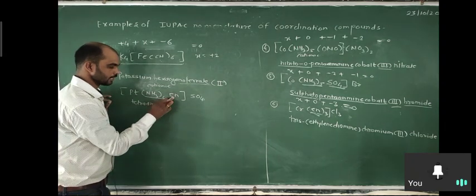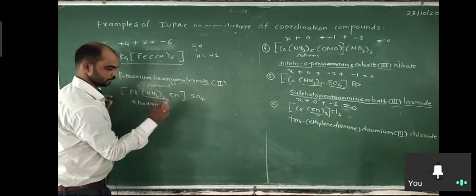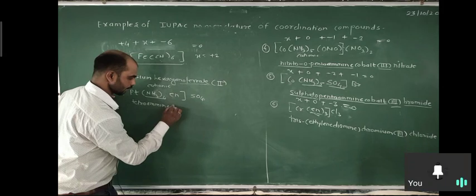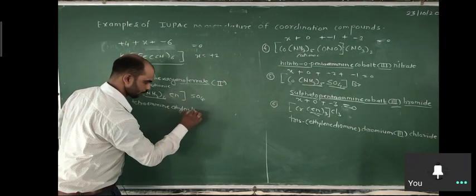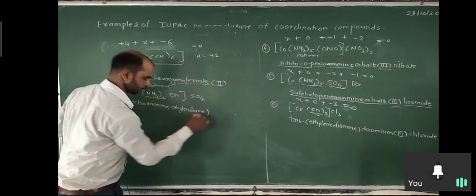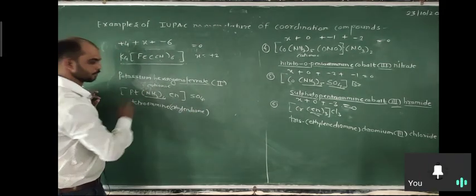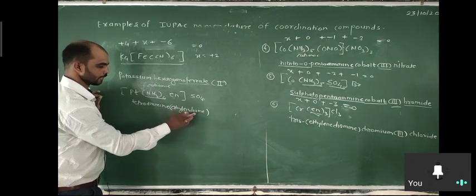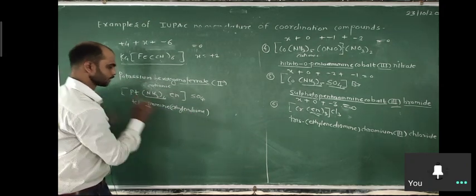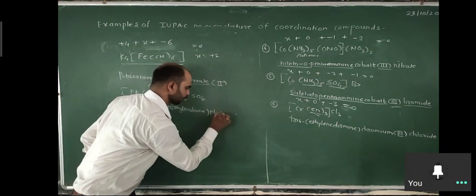So for ethylene diamine there is no need of prefixes, so you just write ethylenediamine, but in a bracket, always mention it in a bracket. So ethylenediamine, then here is the platinum.